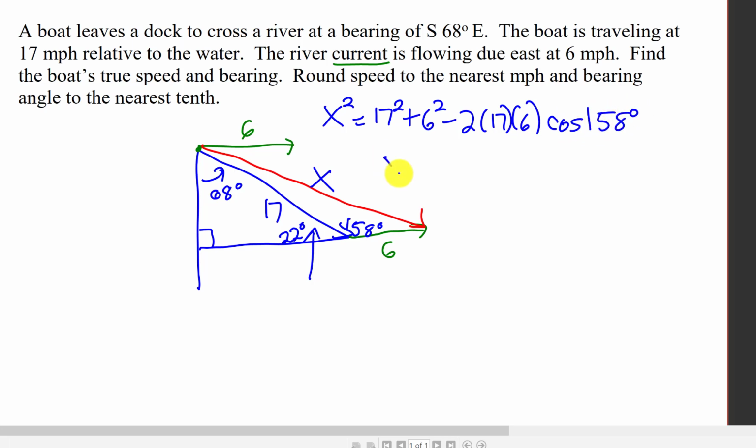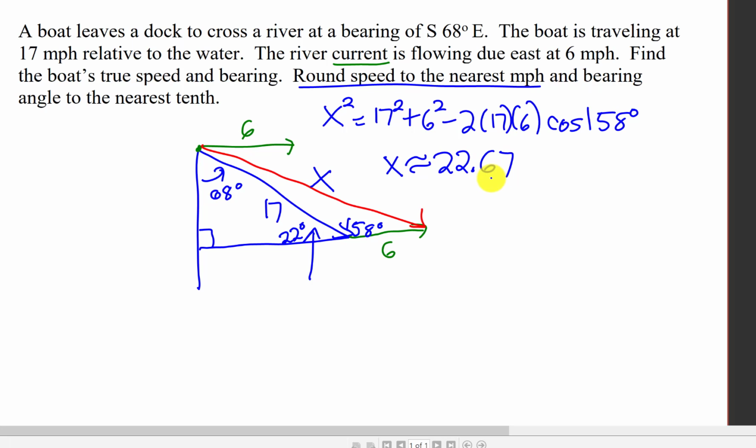Okay, so x is going to be the square root of the right hand side, and it says round the speed to the nearest mile per hour. When I compute that, I'm going to write it to 2 decimal places for now, because I'm going to use it in another calculation.